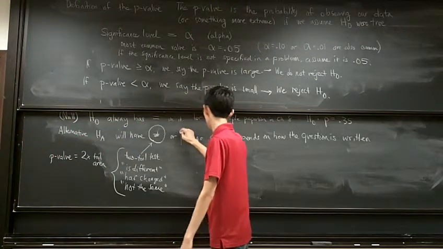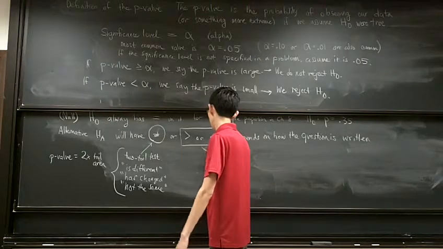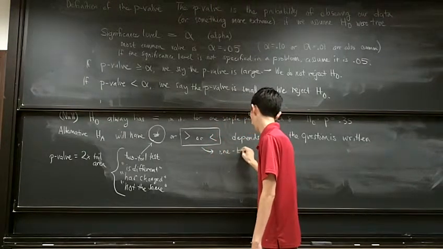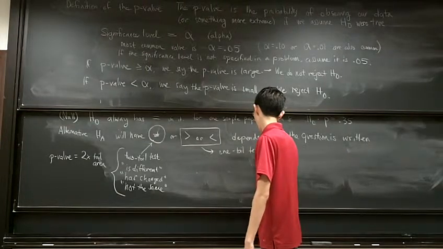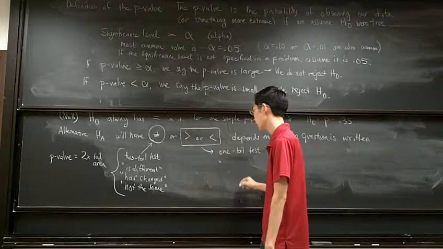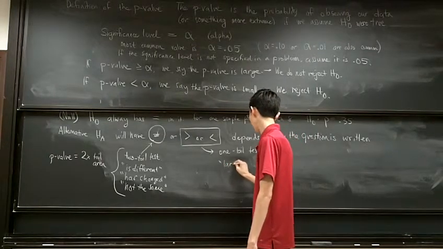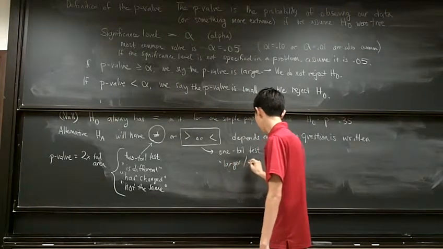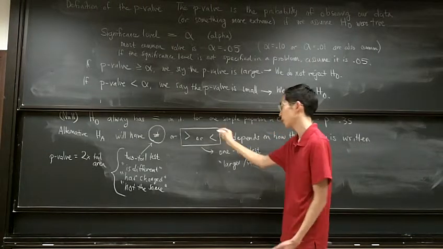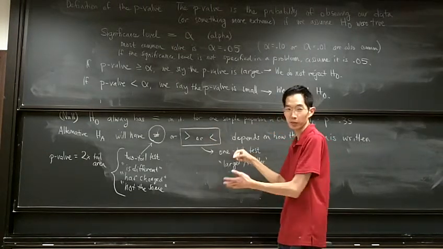Over here, these are one-tailed tests. The questions will say things like larger or smaller, more or less, things along that line, and so you have to choose greater than or less than appropriately.